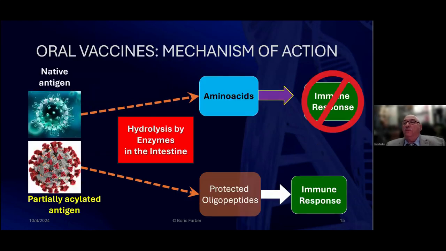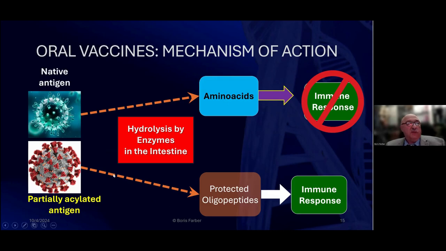Another project, briefly: oral vaccines, mechanism of action. For brevity, when a dynamic vaccine is created, by partial modification of the antigen, it generates thousands of variants with slightly altered surface architectonics.